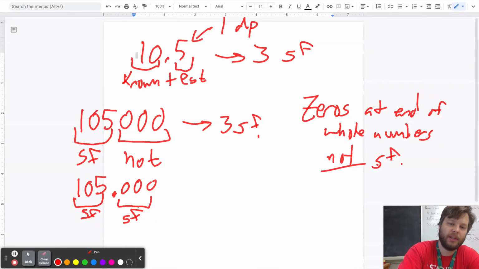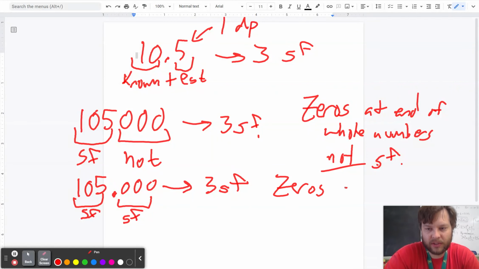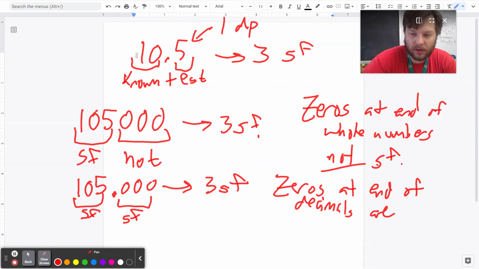So this number here has 3 significant figures. So zeros at the end of decimals are significant figures. There's one other tricky thing.